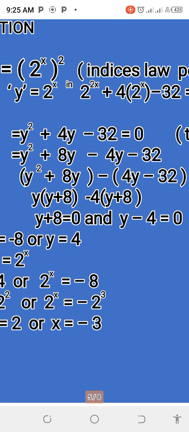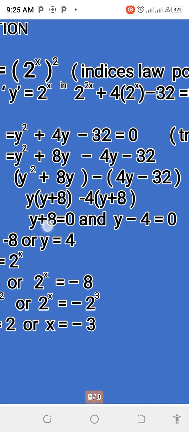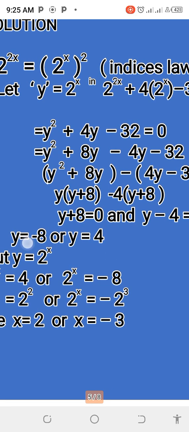Now y plus 8 is common. So we pick one of the y plus 8, then the next thing we do is to pick y minus 4. So the solution to this equation now is y minus 4 or y plus 8.